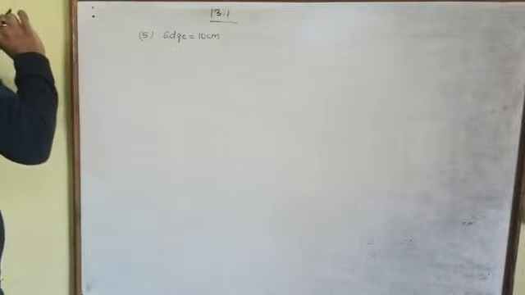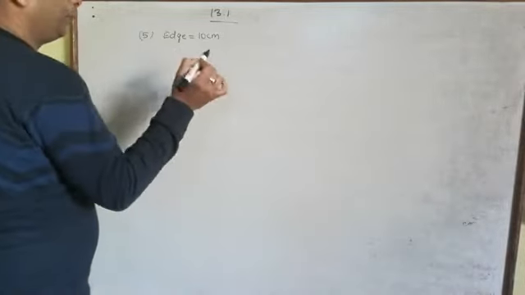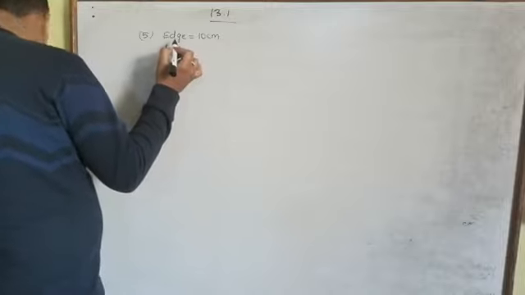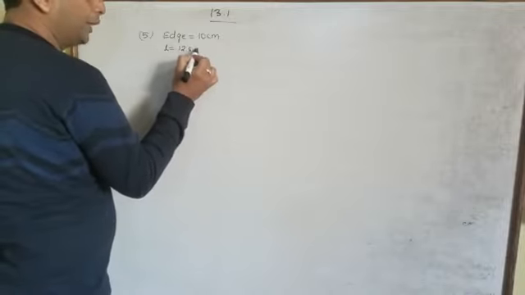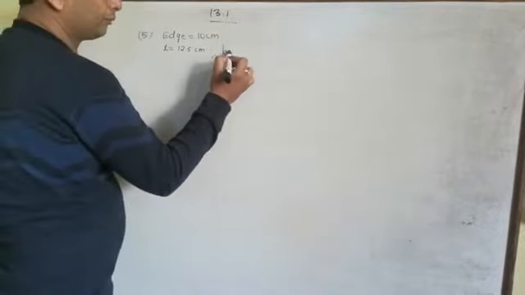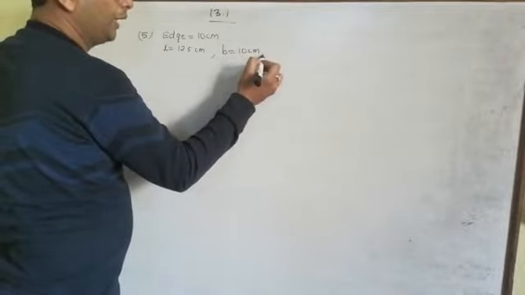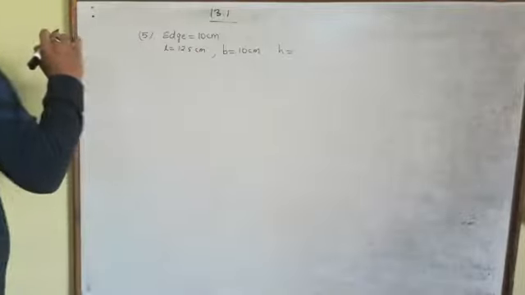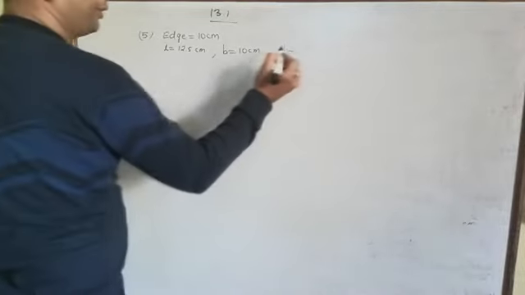And then this cuboid. Cuboid length is given 12.5 centimeter. Width is 10 centimeter. And the height is given 8 centimeter.